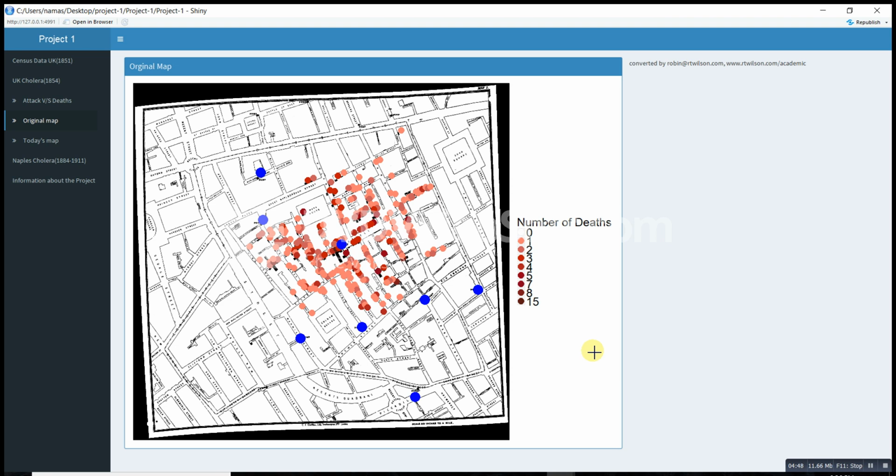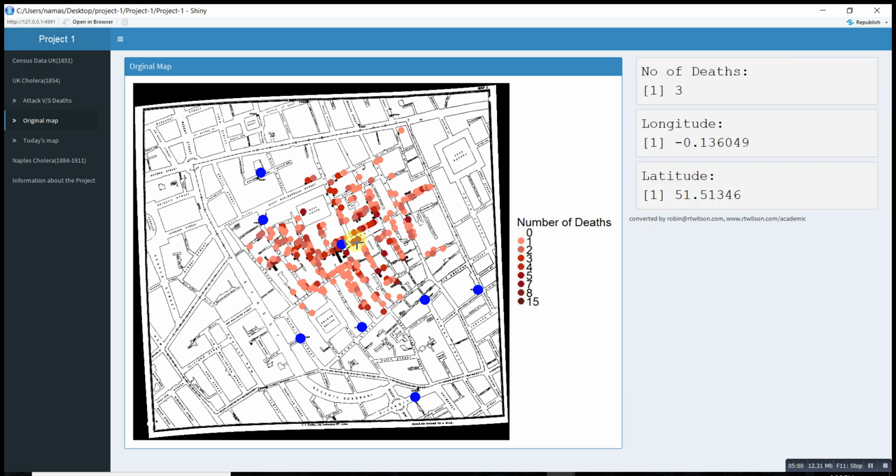The darker shade represents more deaths, and the lighter shade represents fewer deaths. As you move over the data, on the right you can see the longitude and the latitude at which that death occurred, and the number of deaths that occurred at that particular location.